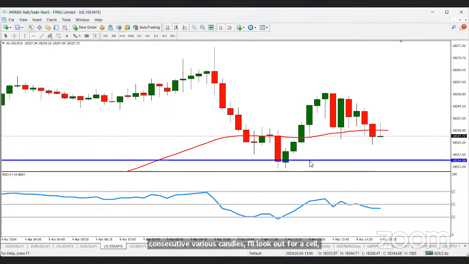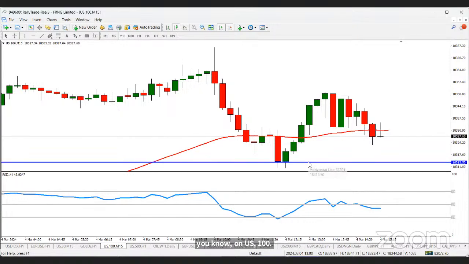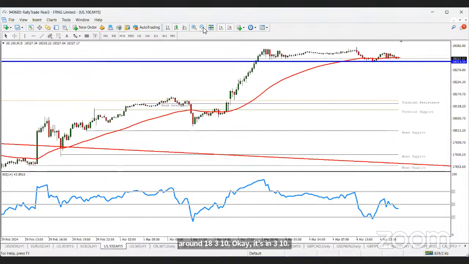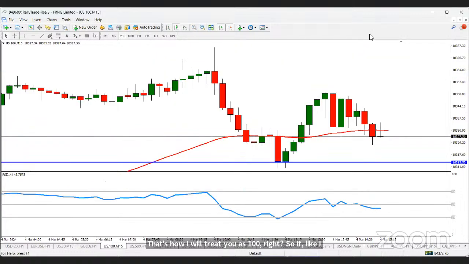My sell could be till around 18,310. So if this candle closes bearish, I'll look out for a sell to around 18,310. That's how I will trade US 100. Like I said, if I get 2 consecutive bearish candles, I'll scalp a sell on US 100 till 18,310.